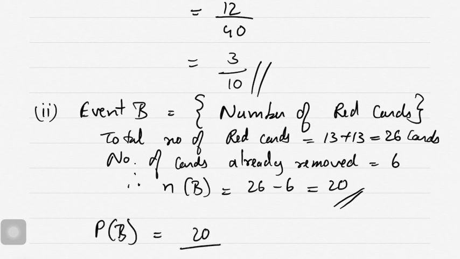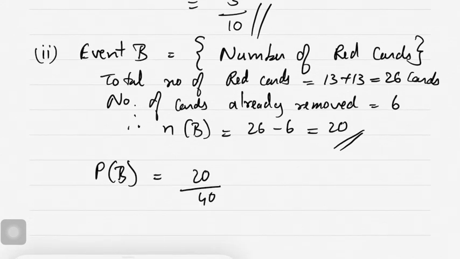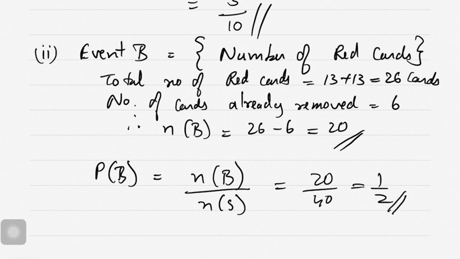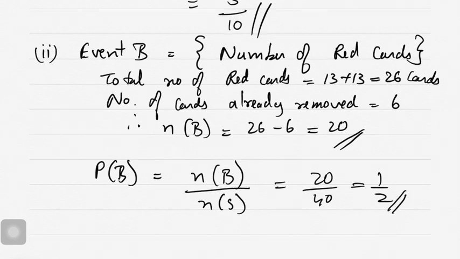So P of B will be 20 upon 40, because sample space is 40. Write the formula, okay? Every time write the formula. I'll just write n of B divided by n of S, which is equal to 20 by 40, which is equal to 1 by 2.